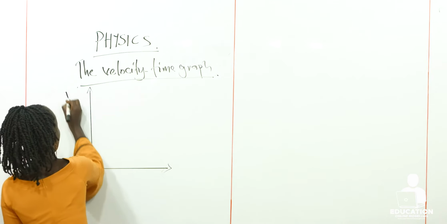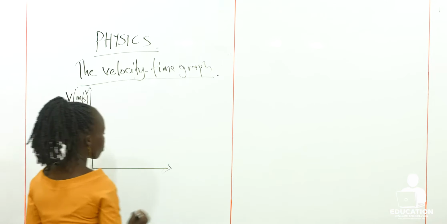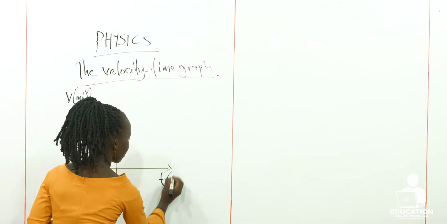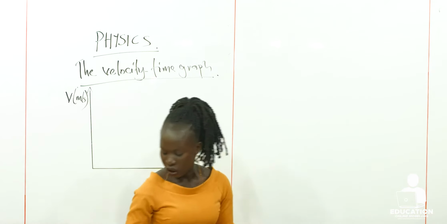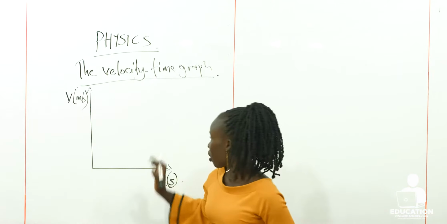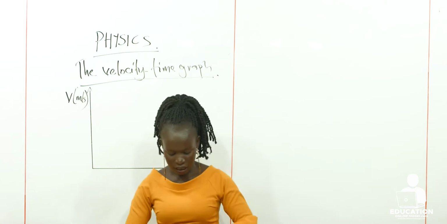Velocity is measured in meters per second, and then we have the time right here, which is measured in seconds.